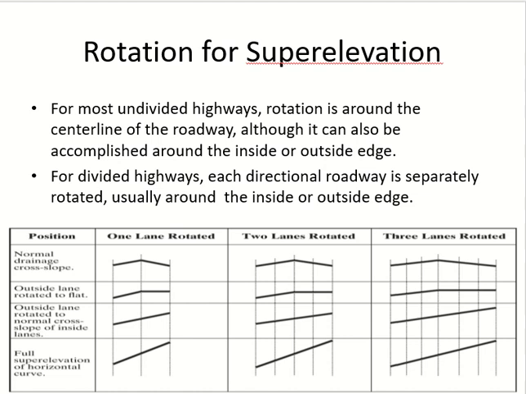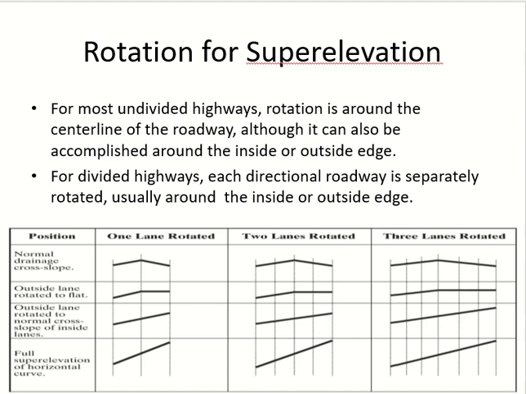Another thing which is relevant to the horizontal curve is the super elevation. We have used it in the previous topics as well, and yesterday we discussed the method of its rotation, that it is done in two stages.